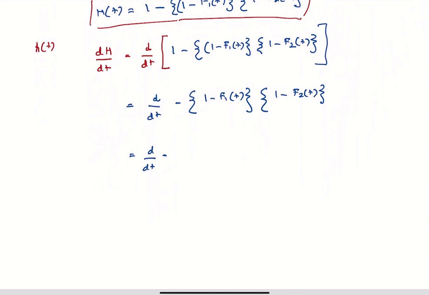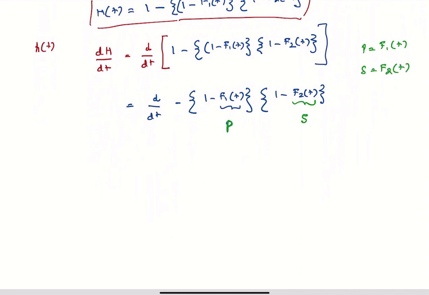That makes this more complex, so let's just call f1 of t, for simplicity, p, and call this thing s. So p is equal to f1 of t and s is equal to f2 of t.